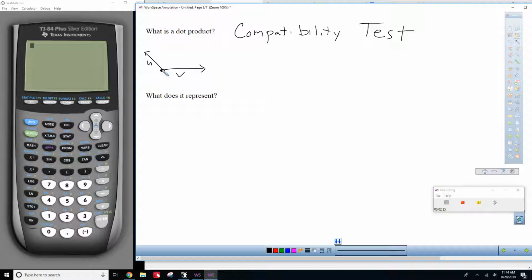If the angle between the vectors is obtuse, then U dot V is negative.